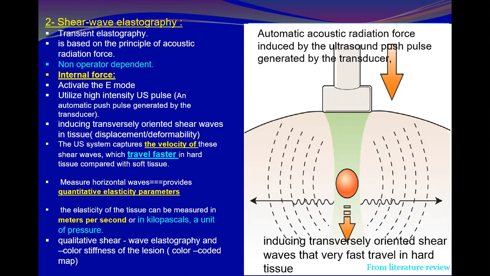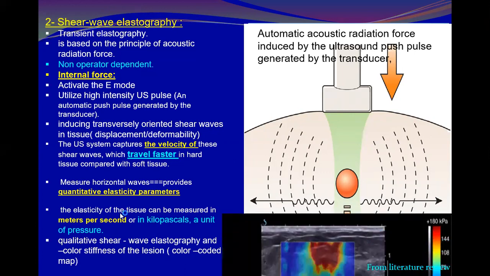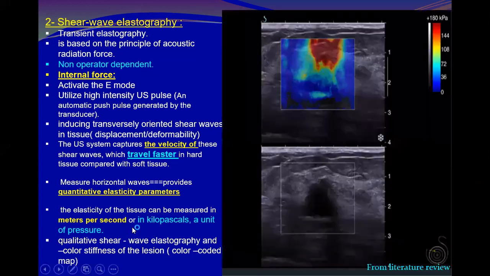And then the ultrasound measures the speed of these horizontal waves. That is why it is a quantitative elasticity parameter. The shear wave is quantitative, and the measurement of these parameters is in meters per second or in kilopascals, a unit of pressure.